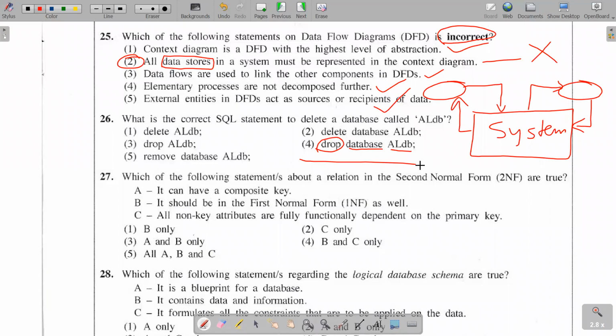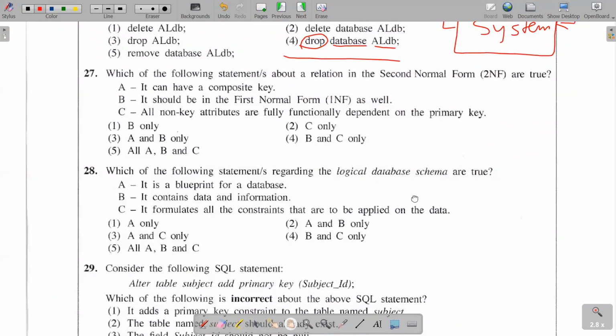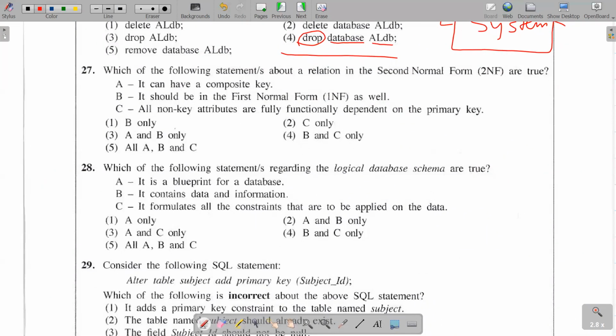27th. Which of the following statement or statements about the relation in second normal form are true? They're asking about 2NF. It can have a composite key. Yes, not a problem. It should be in first normal form as well. Definitely, if a table is in second normal form, it is definitely in first normal form.